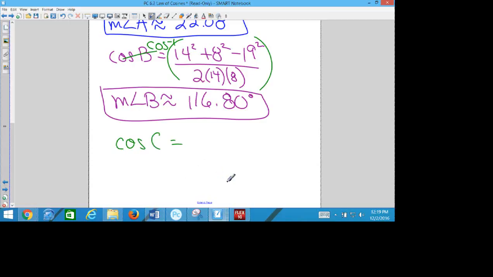Or you could just take 180 degrees and subtract off that last answer, ANS, and then subtract off the other one. But we're talking accuracy, so I'm going to show you how to do it if you have the newer calculators. If you have the older calculators, you're going to have to type in more than 2 decimals.